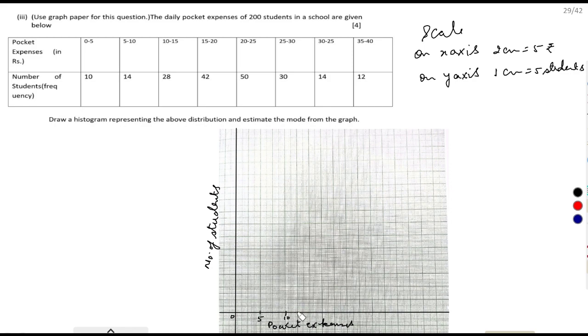Then again after 2, 10, 15 and so on. And on y-axis, 1 centimeter is equal to 5 students. This is 5, then 10, 15.